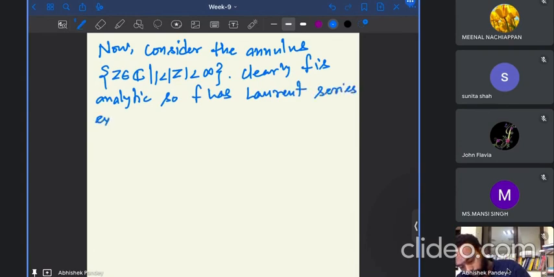So f has a Laurent series expansion around z equals 0. We can write f(z) as the summation from minus infinity to infinity of a_n z to the power n.